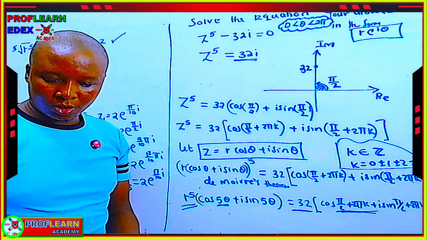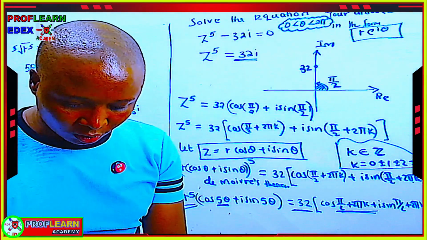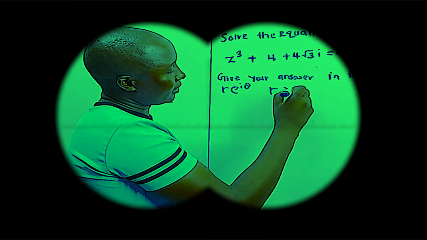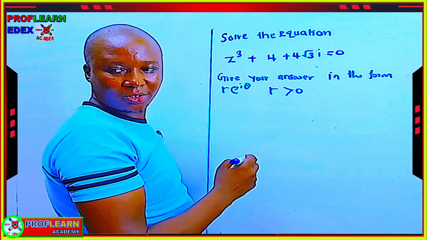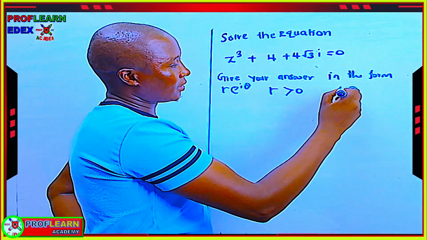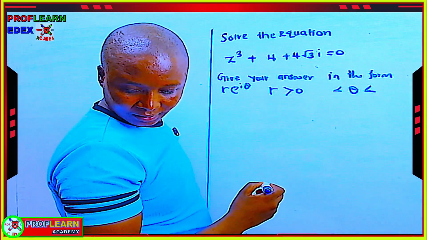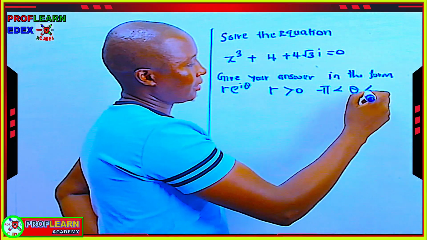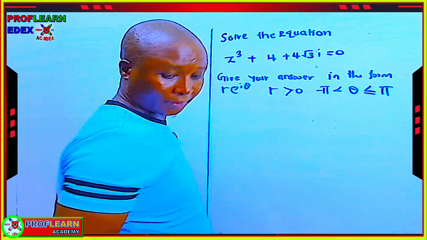So let me just take you through another kind of question that you can be asked to solve, where r is greater than 0, those are conditions, and theta is greater than negative pi, less than or equal to pi.